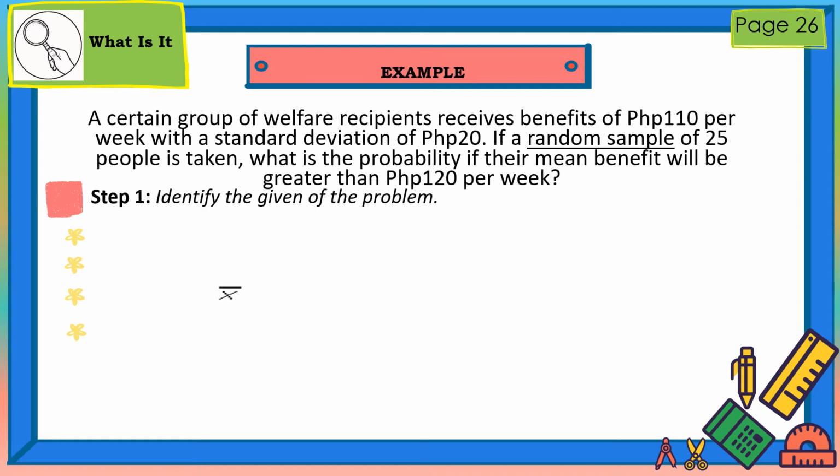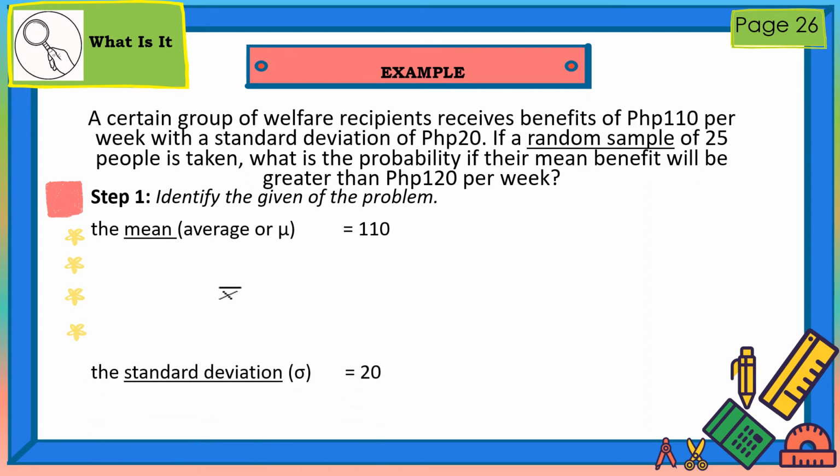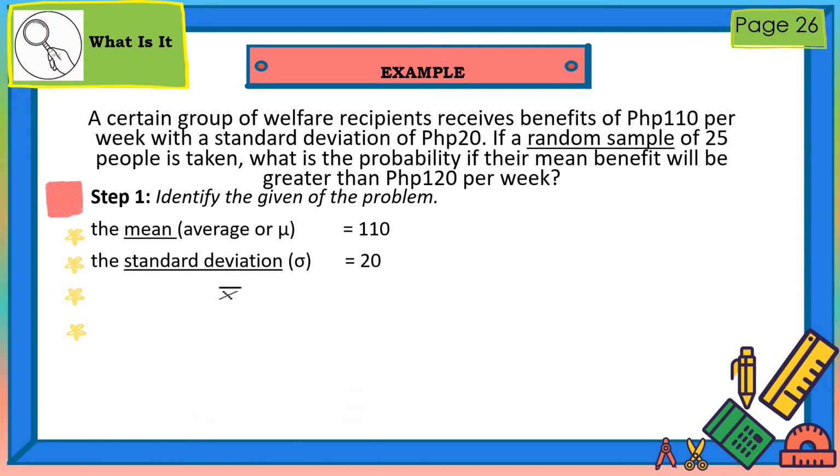So we have step 1, identify the given of the problem. So the mean or the average equals 110. The standard deviation is equal to 20. The sample mean is 120 and the sample size is 25.